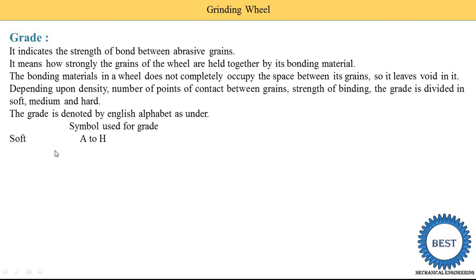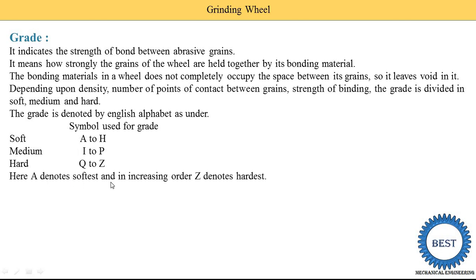Suppose the soft grade is indicated from A to H, means A is the softest, then after that the hardness increases. Medium is I to P, and hard means Q to Z. Here A denotes the softest, and in increasing order, from A moving to B, C, D up to Z, Z is the hardest.